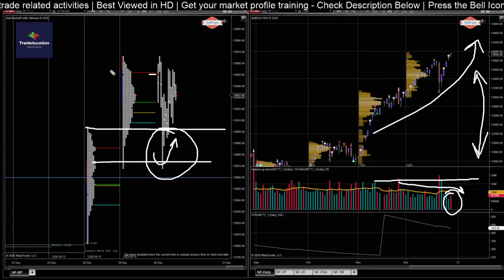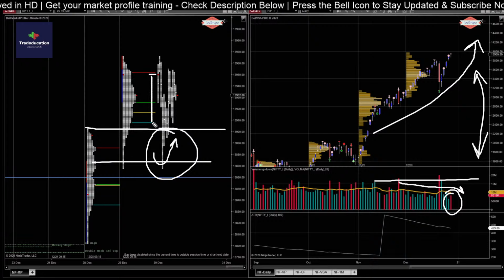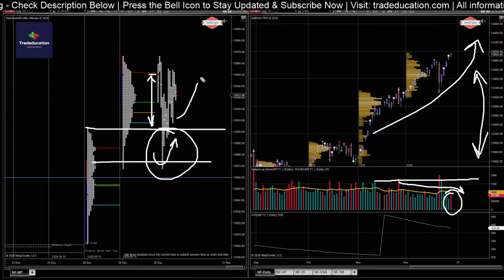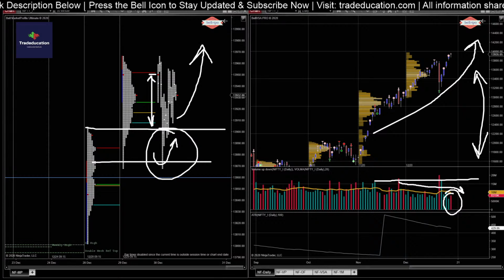Overall, I was expecting this gap to be intact, which did not happen. So sellers came in, then again around this HVN or this reference level buyers came in, and they took the entire auction to the upper edge.